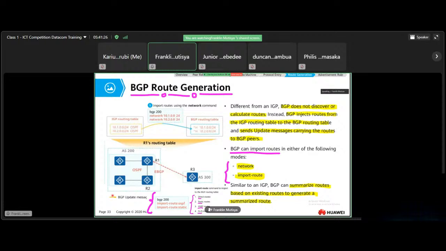BGP injects routes from an IGP routing table into the BGP routing table.